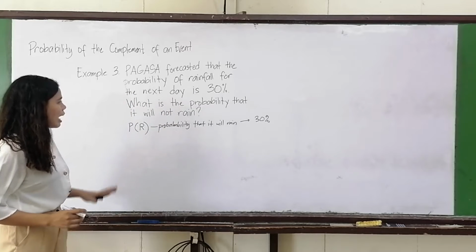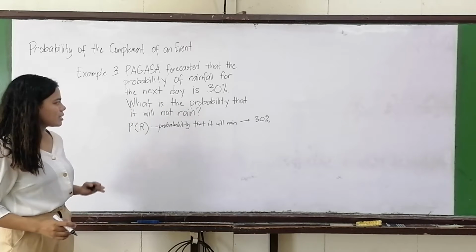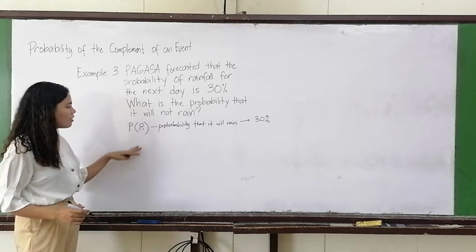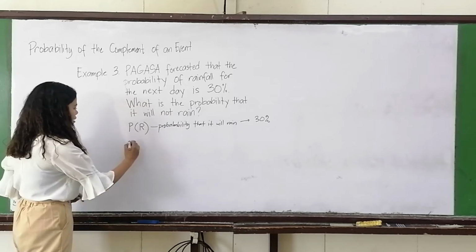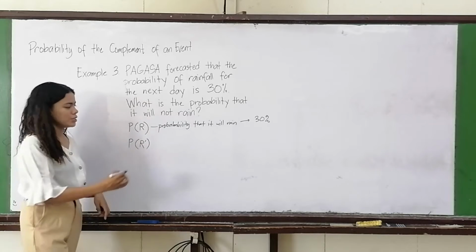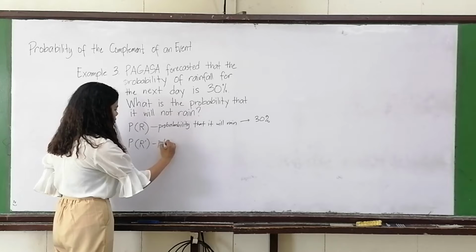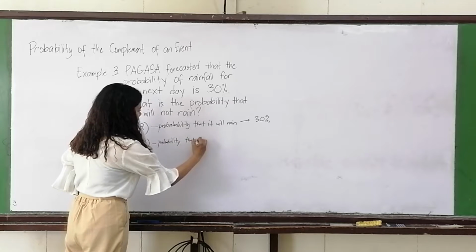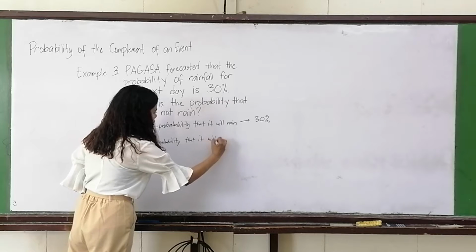Now, since we are after the probability that it will not rain, we know that this is the complement of P of R. So we can have this as P of R prime, the probability that it will not rain.